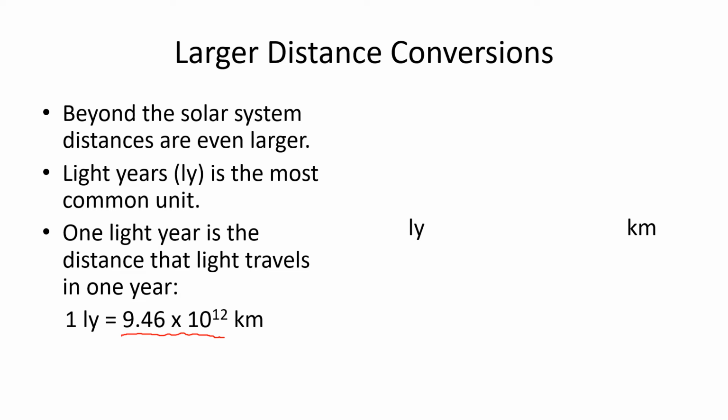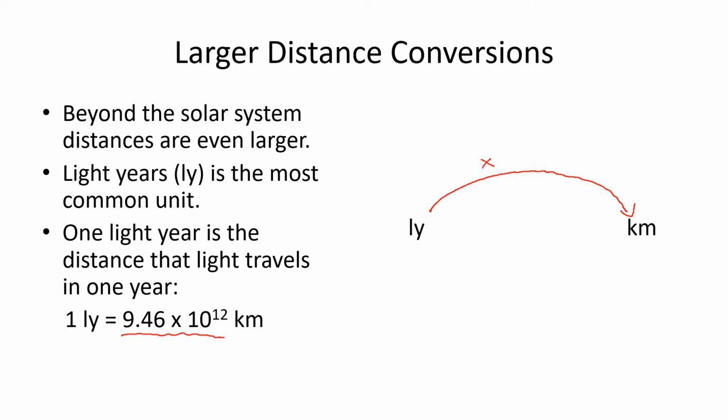And so the distances out in space get to be just hard to comprehend for puny little ants like us on a tiny planet and the far end of one galaxy. And so to convert them, we're going to do the same multiplying and dividing. If you have a light year, you're going to multiply to get to kilometers.